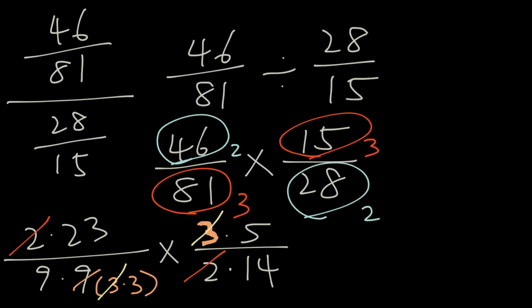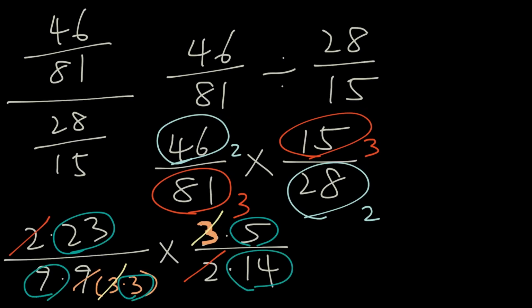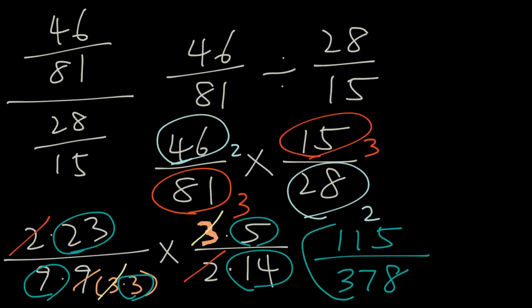Okay, now that we don't have anything else, let's see what we have left. So after we multiply them together, we'll have 115 over 378. Since we can no longer further simplify this, this would be our final answer.